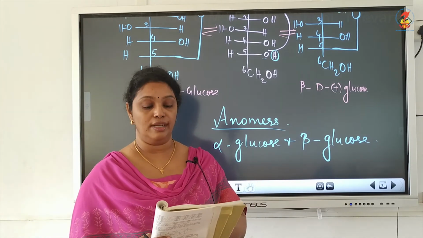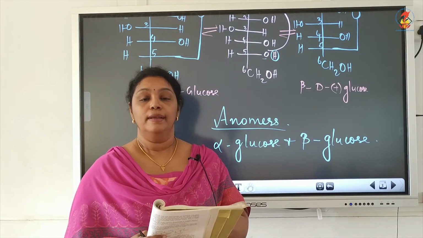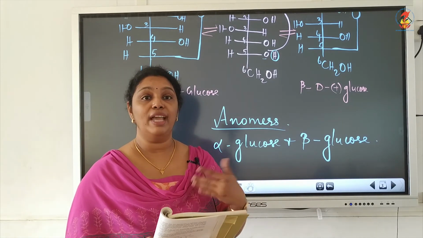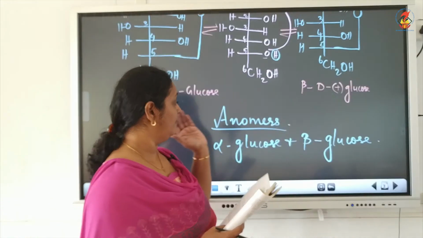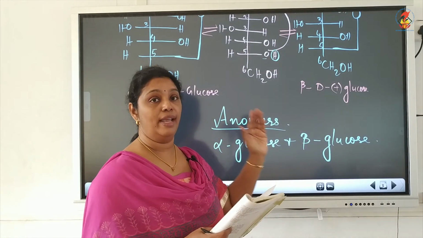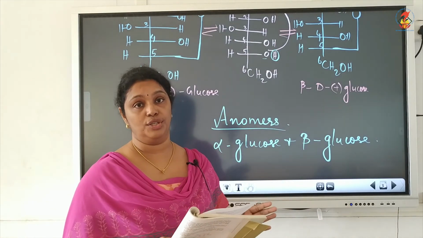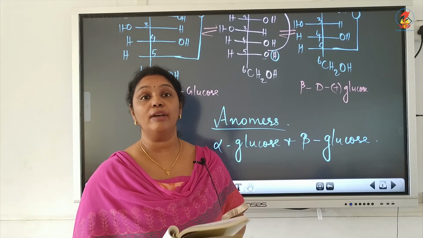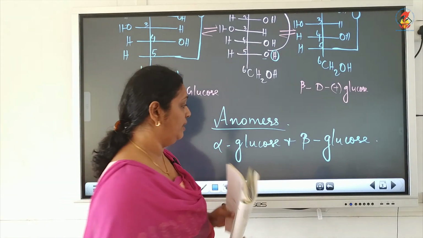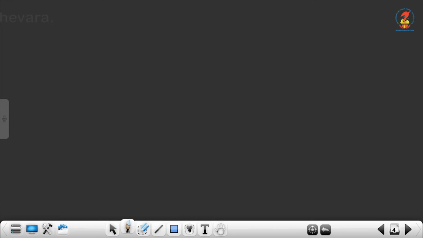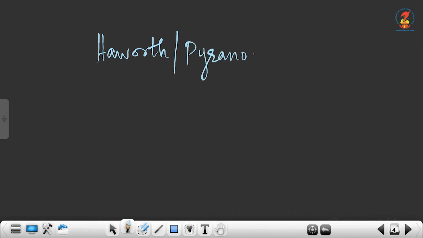around the first carbon atom. Now, next we have another structure of glucose, that is, from this alpha and beta, or from the cyclic structure, we are going to have a Haworth structure for glucose. So next, the third structure is Haworth, or it's also called the pyranose structure of glucose.